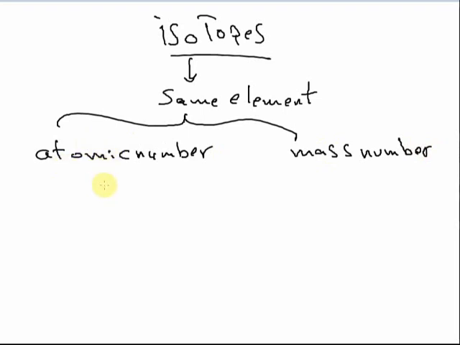We represented the atomic number with symbol Z and mass number with symbol A.